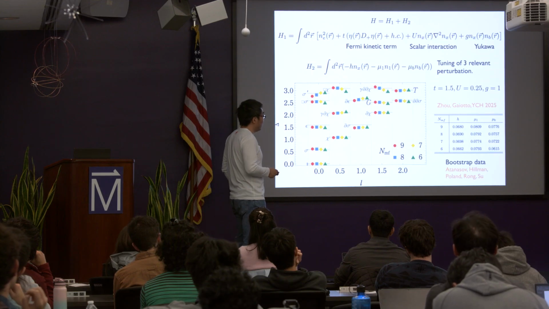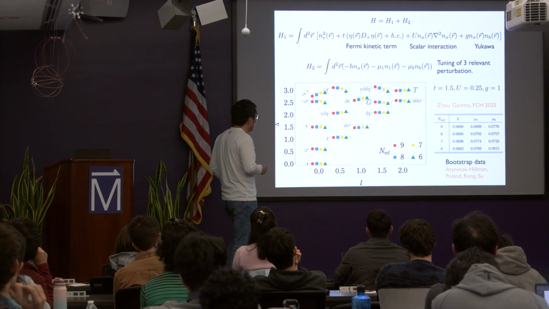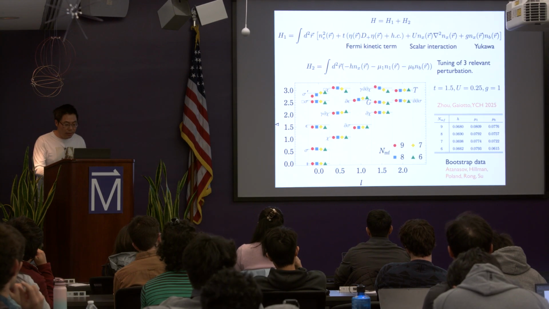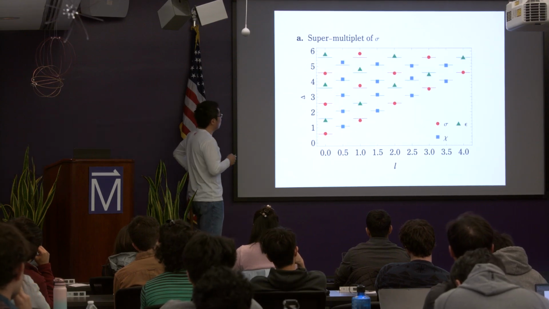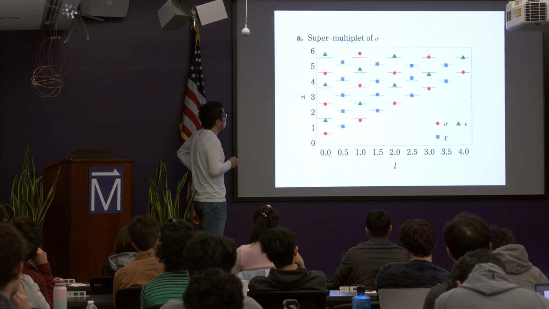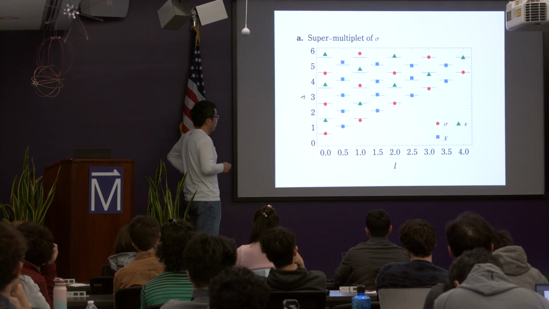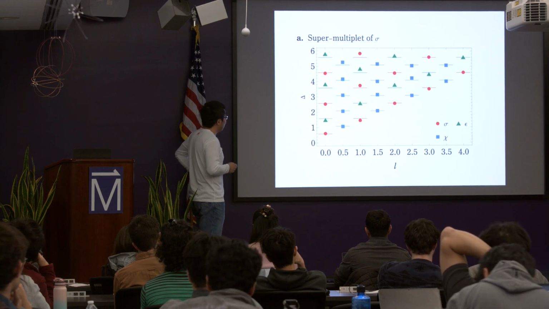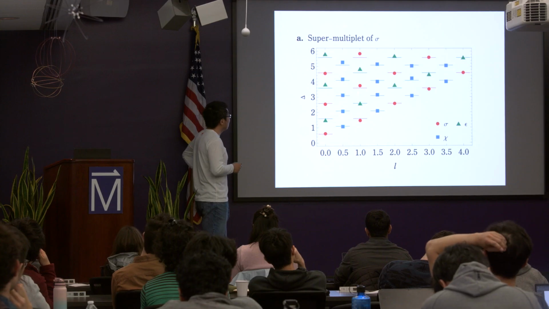You see that the size dependence of those three parameters is rather weak, and then we get the spectrum. Those are the low-lying states of the super Ising we can get. And here is just one plot for the so-called super multiplet of sigma. It actually contains three conformal multiplets.